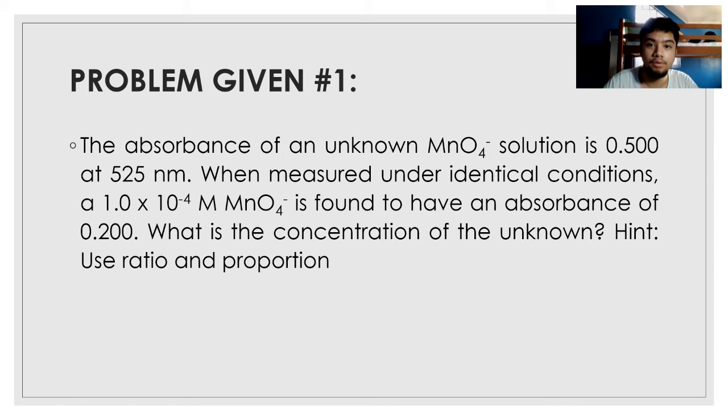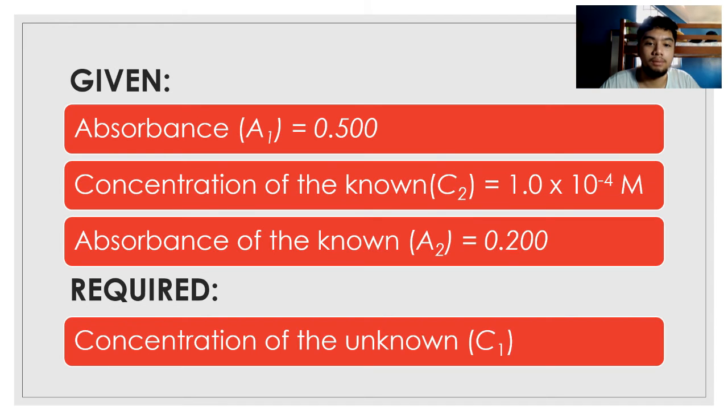So before moving on to the solution, let us first list the given. What is given in the problem? For the first given, we have the absorbance of the unknown sample. Let us represent this as A sub 1. So A sub 1 is equal to 0.500.